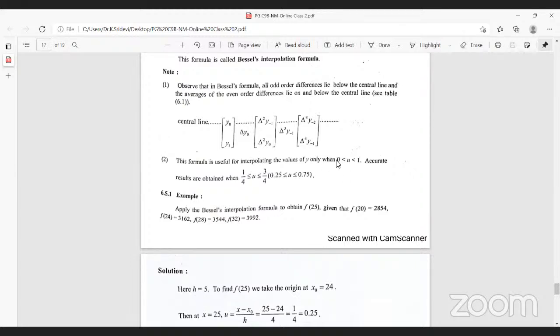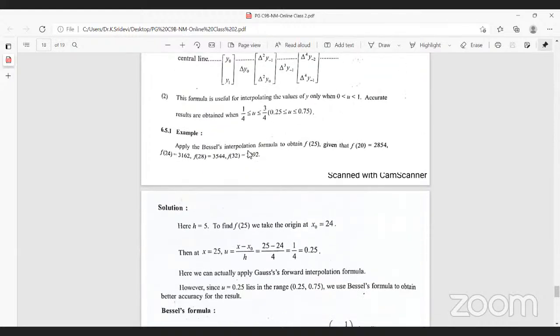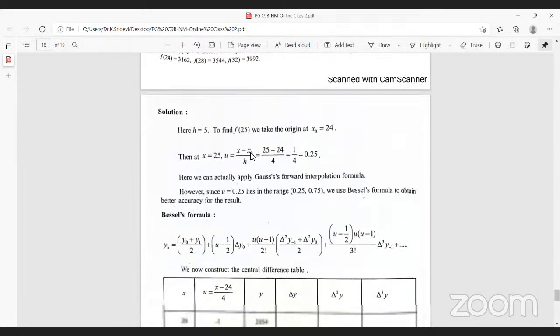Already, if u lies between 0 and 1, we said that the better formula is Gauss's forward interpolation formula. In that case, for getting better accuracy, if u lies like this, you can use this formula. Okay. So according to this, you can take an example and do the same problem.